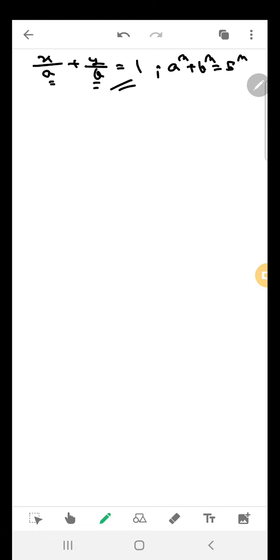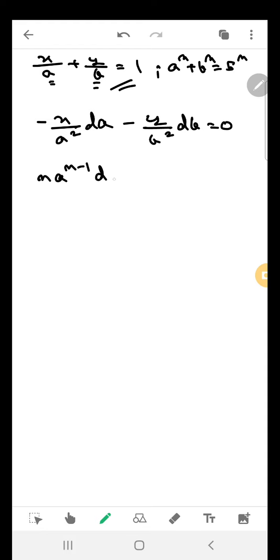Here we have two parameters. So what we will be doing is del x over del a dA, which gives minus x over a squared dA minus y over b squared dB equals 0. Similarly, you get n times a to the power n minus 1 dA plus n times b to the power n minus 1 dB equals 0.